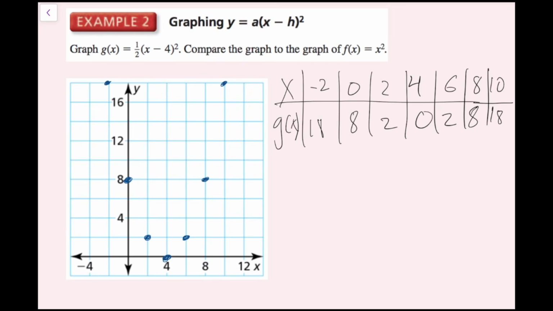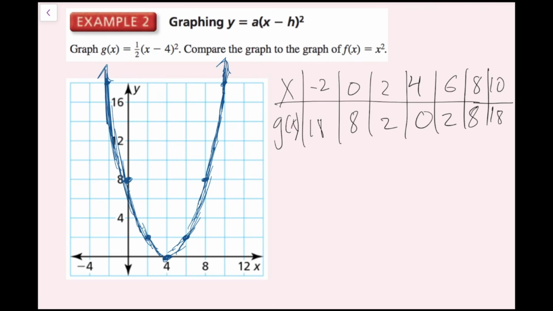I'm going to sketch my graph right now. Anyway, so there's my sketch.